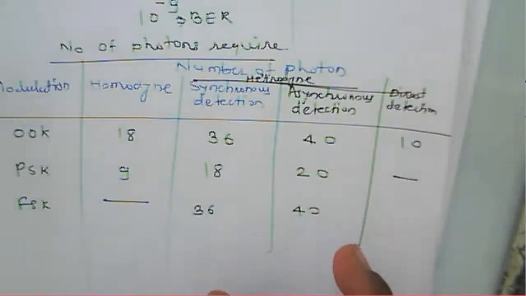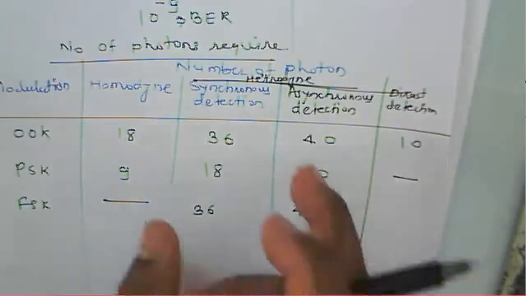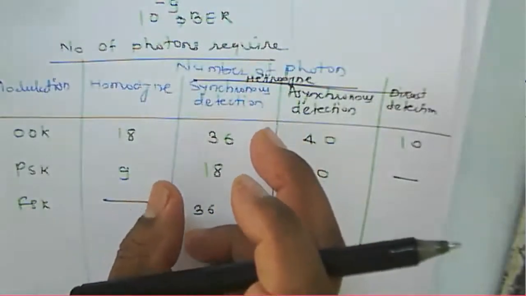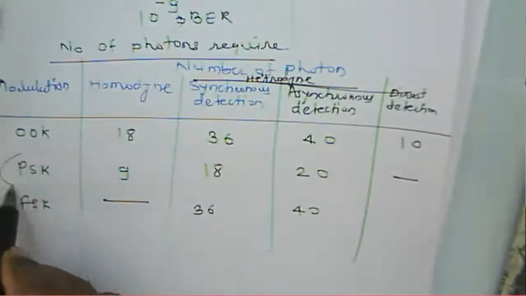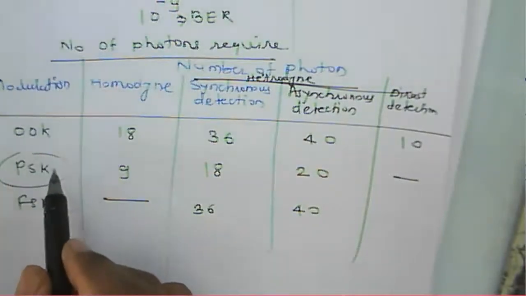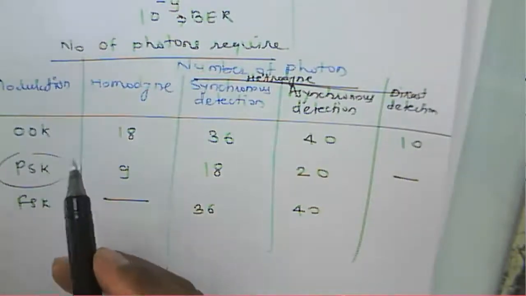And again, because it requires fewer photons, it will support a narrow linewidth of the source.